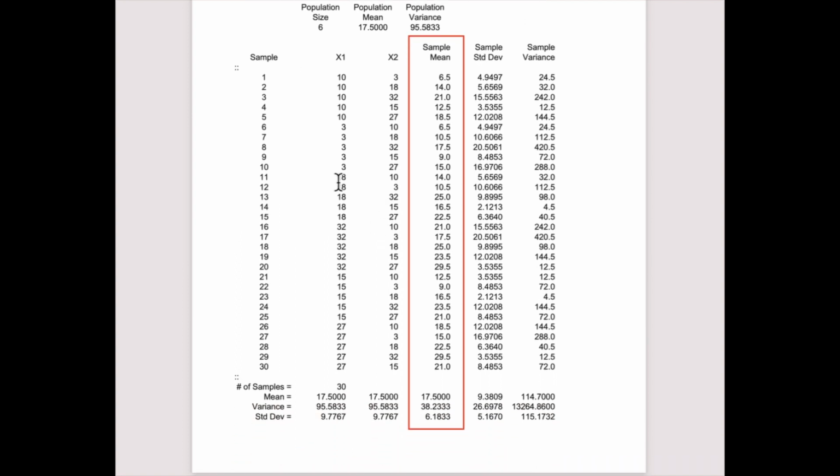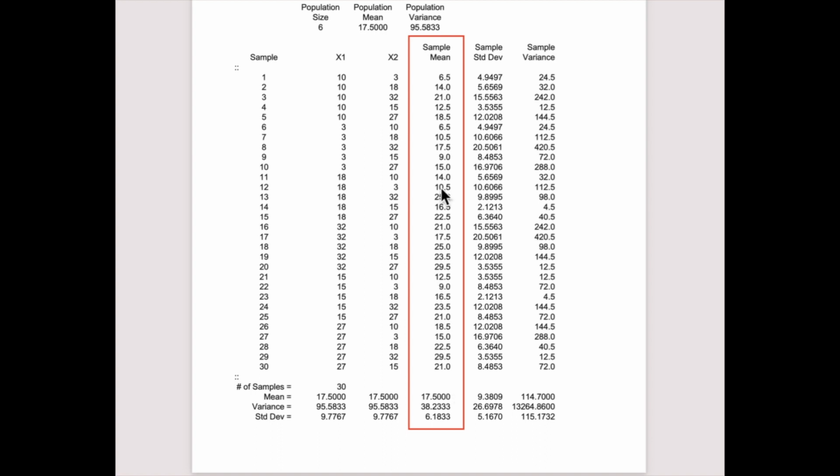That column contains the values for the sample mean for each of my 30 samples, and down below I've calculated the mean of that column of data, the population variance of that column of data, and then the standard deviation. You see here that with the spreadsheet we also get 17.5 for the mean of these values, and we get 38.2333 for the variance.